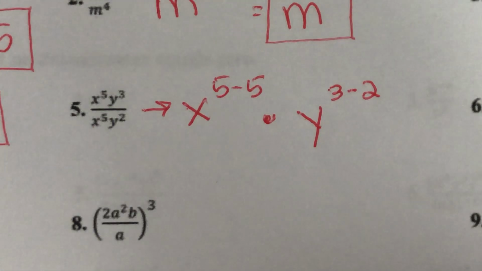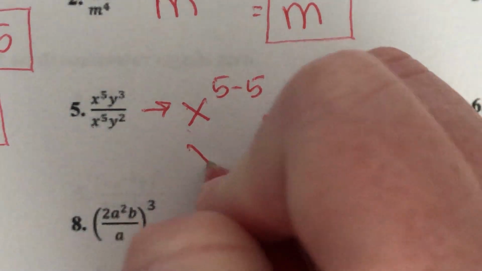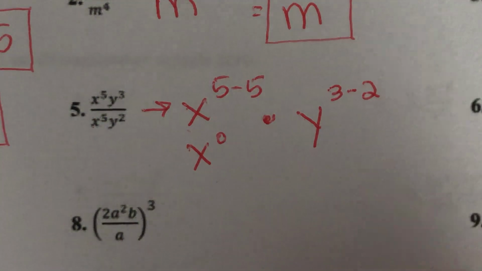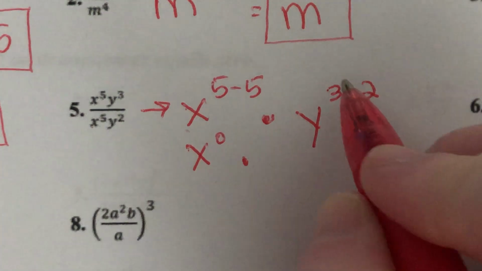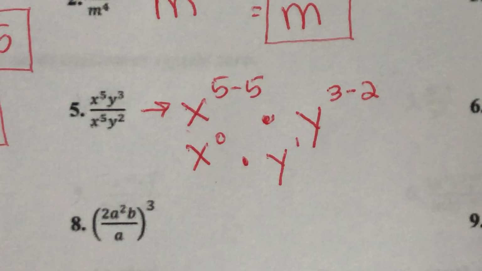Okay, x to the 5 minus 5. 5 minus 5 is 0, so I get x to the 0 power times 3 minus 2 is 1, y to the 1st power.